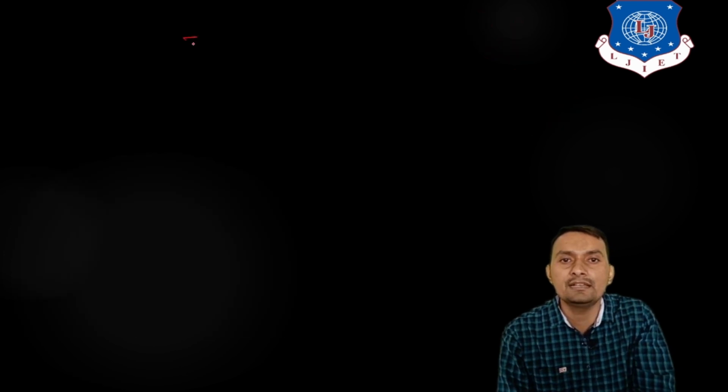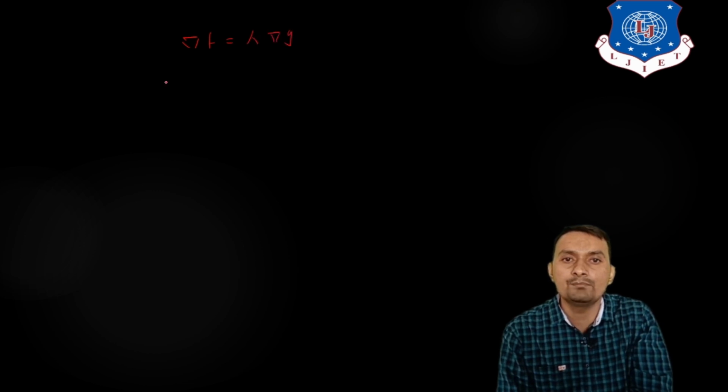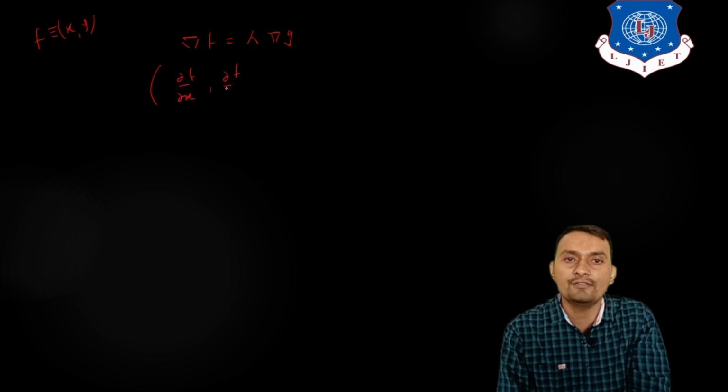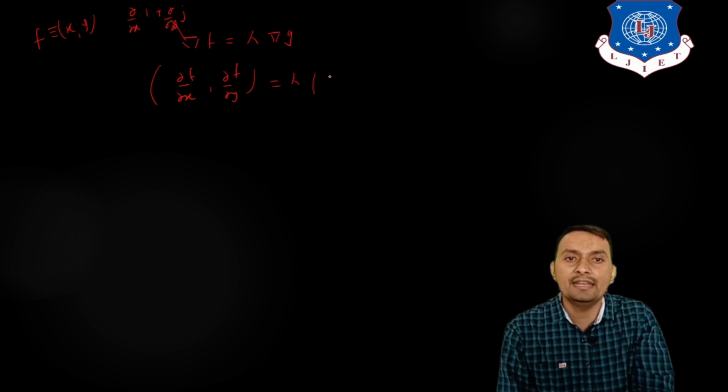Whenever you see grad f is equal to lambda into grad g, what is grad f? Suppose that f is a function of two variables. So we can say del f by del x comma del f by del y, because grad f is nothing but the operator del by del x i plus del by del y j. The same argument we can apply here, del g by del x and del g by del y.